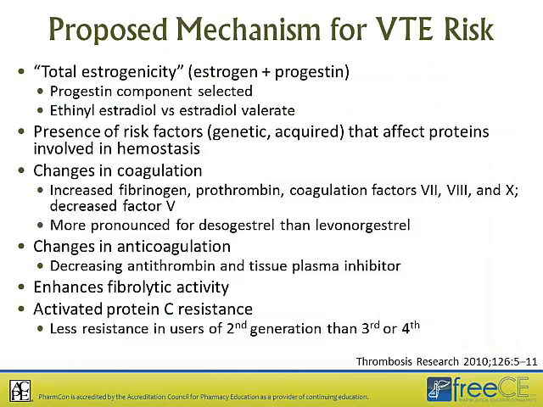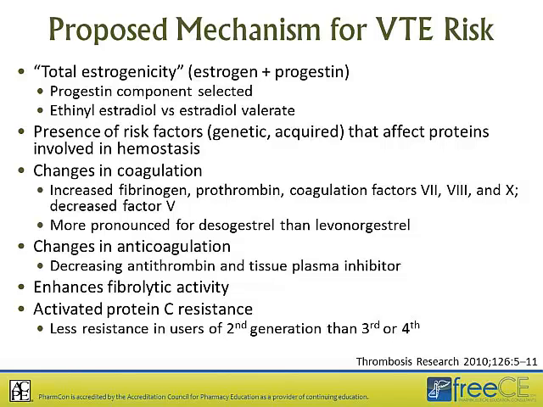With that background information, I would like to now walk through several proposed mechanisms for VTE risk. And I'd really like to spend some time specifically talking about the first 2 bullets. As was alluded to in the last slide, total estrogenicity may really be an important factor. The total estrogenicity, which includes both the estrogen and the progestin components, comprises that total estrogen effect.